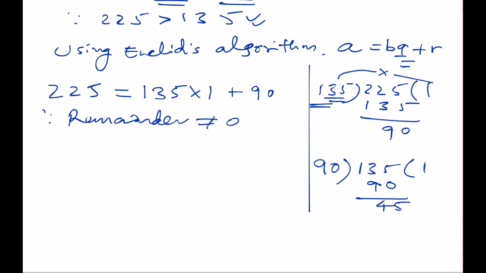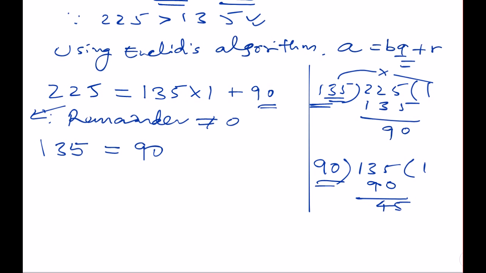So now this asks this gentleman 225 to go away, get out, and call 135. Call this 135 here in place of 225 and make this remainder 90 as the new divisor from here.